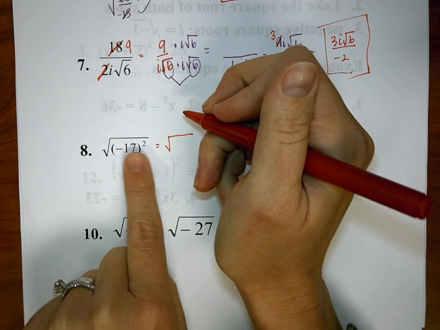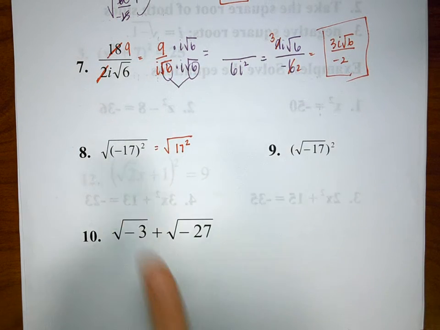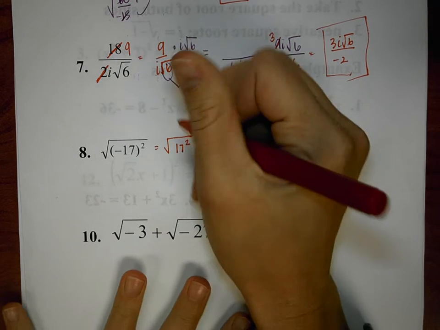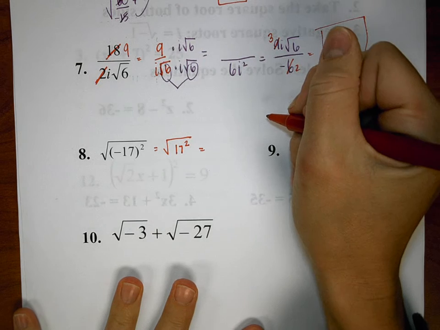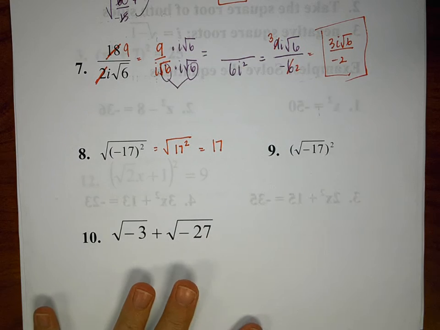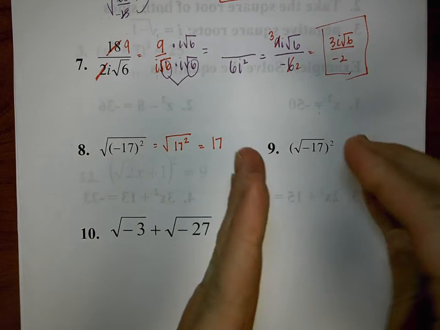So I end up just getting a positive 17 squared, and you could multiply 17 squared if you want to, but we really don't want to because we're going to end up taking the 17 out, right? So this answer ends up becoming what? 17. Okay, now on this, do you see how the root 17 is inside the parentheses and the square is out?